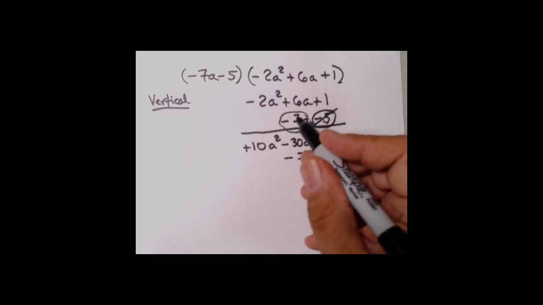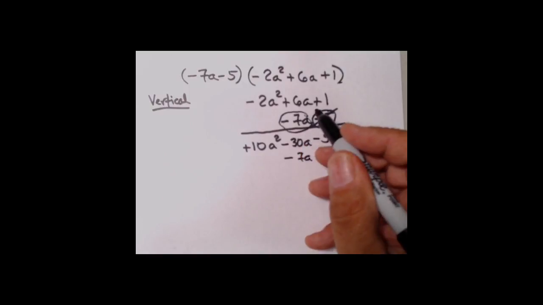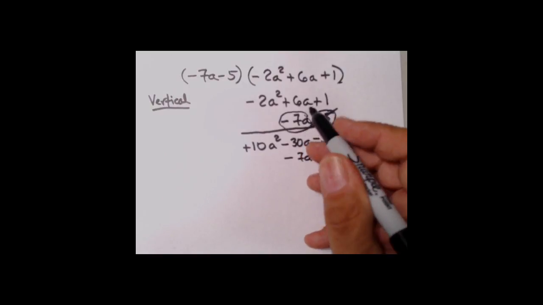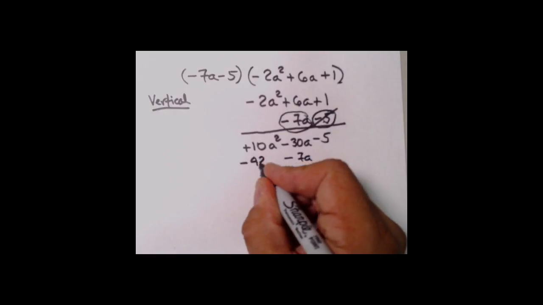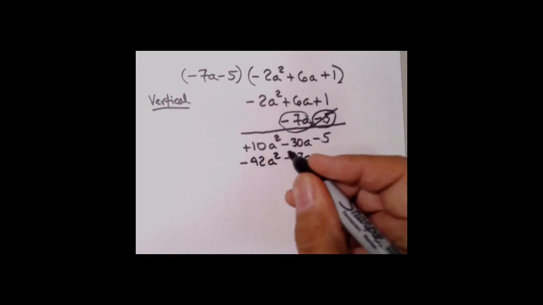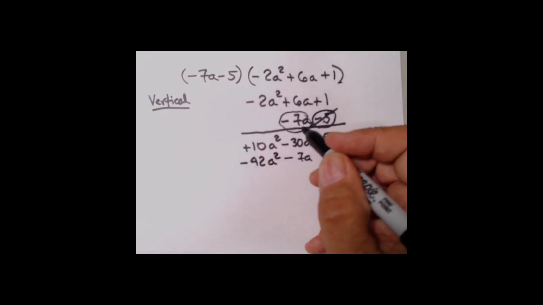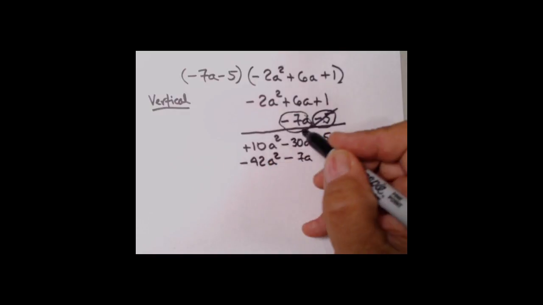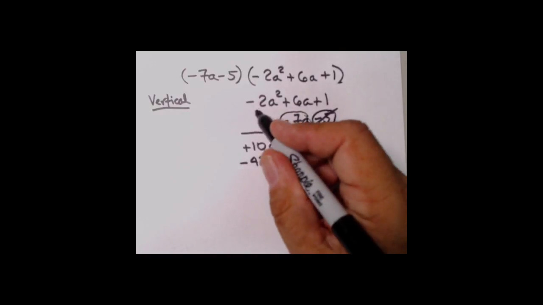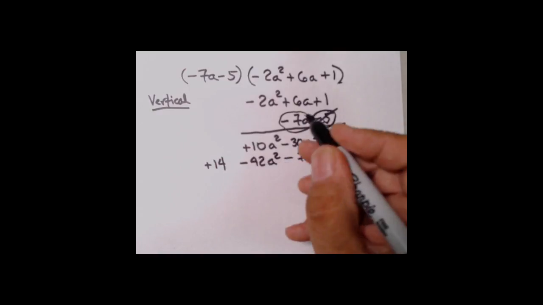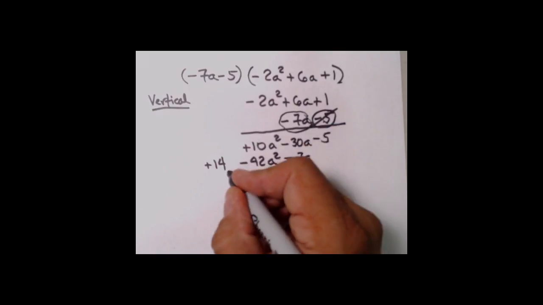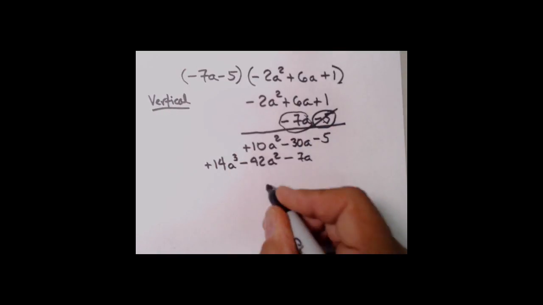The next, negative 7 times plus 6 is negative 42, but I got a times a is a squared, so negative 42a squared. Now, I'm going to get an a cubed, so I'll make a new column. Negative 7 times negative 2 is positive 14, and a times a squared is a cubed.